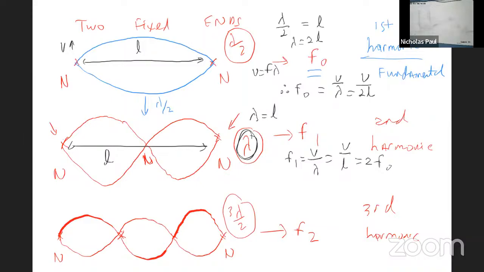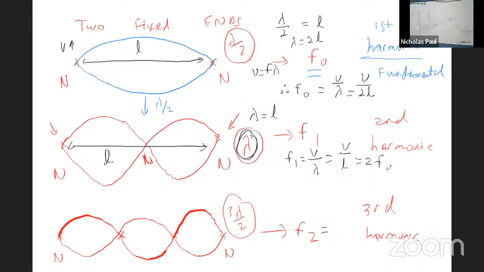Recognize that? So if you had to guess, what do you think F3 will be? Sorry, what do you think F2 might be? Anybody can guess? F1 is 2F0. If you had to make a guess, what do you think F2 might be, in terms of F0? 3F0, yeah, that's a good guess.